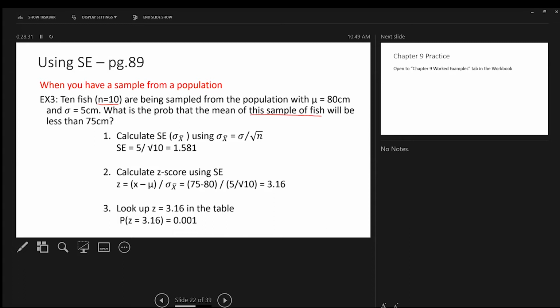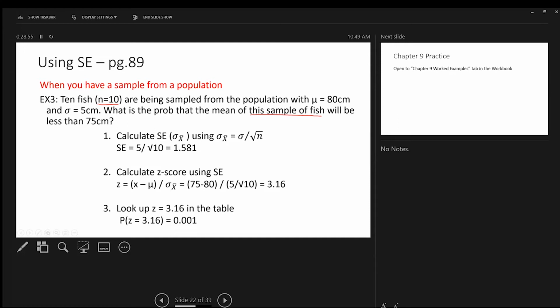We have to calculate the standard error using the standard deviation divided by the square root of the sample size. So our standard error is 5 divided by the square root of 10, and we have 1.581 as our standard error.